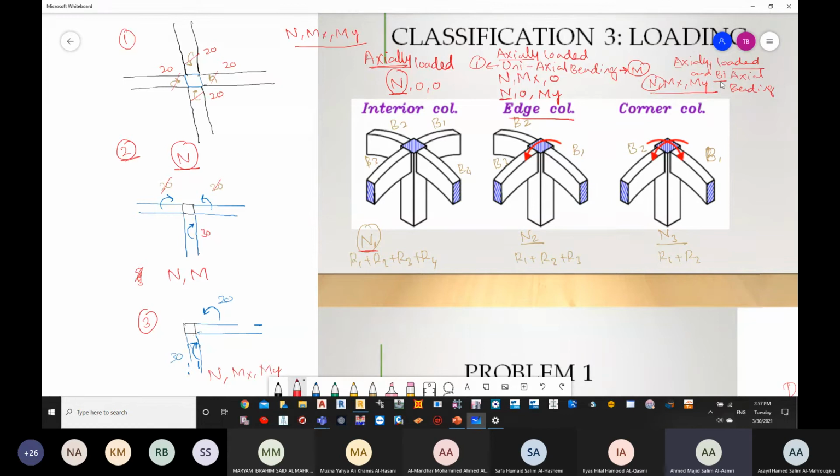And we are going to learn how to deal with each and every type. Now, axially loaded you have taken in design of structures 1, but we are going to take a recap of whatever you have taken over there. And in the next class, we are going to take uniaxial and biaxial, which is the biaxial case.